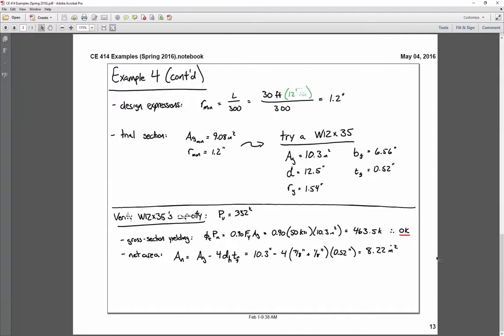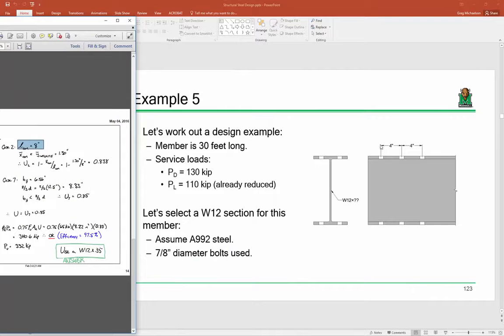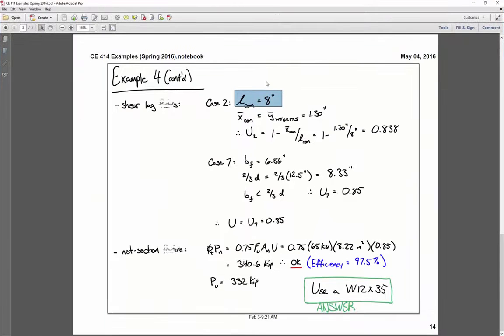Pretty straightforward. For shear lag factors, we have 2 cases to assess. For case 2, we have the connection length, which is 8 inches, and you can see that right here, just 4 and 4, there's your 8 inches. For x-bar, remember, our x-bar for a W section that is connected via the flanges is the y-bar of the equivalent WT.